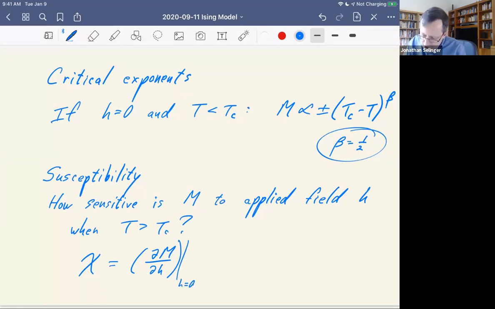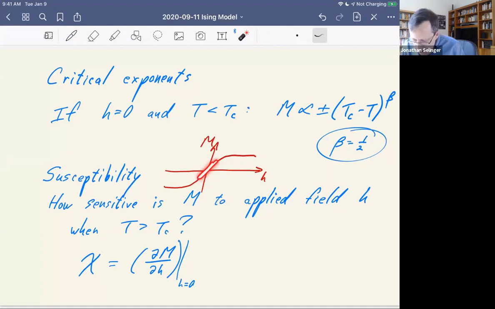Okay, so that is to say, we have a plot of M as a function of H, right? I showed you something like this in Mathematica, right? It's a plot like this, right? And so there is a slope right here, a slope that shows how sensitive M is to an applied field, right? If the slope is high, it's really sensitive. If the slope is low, not so sensitive, right?